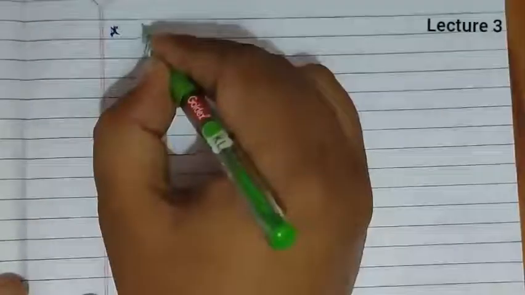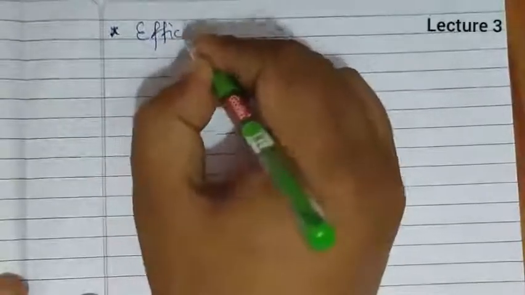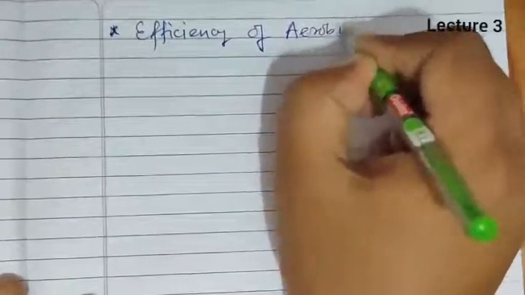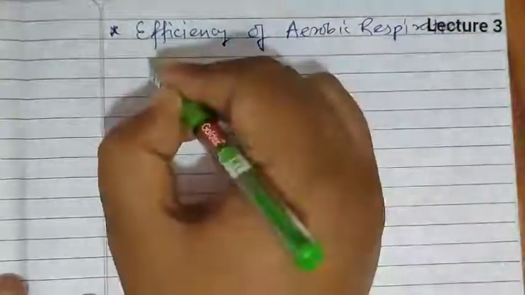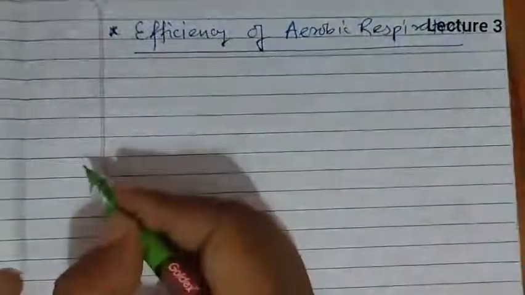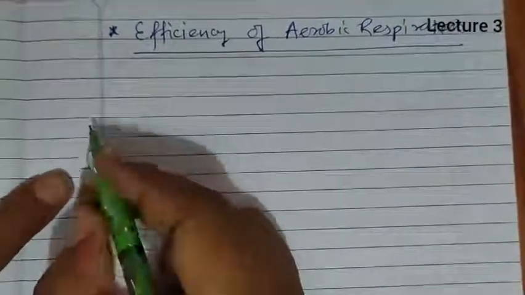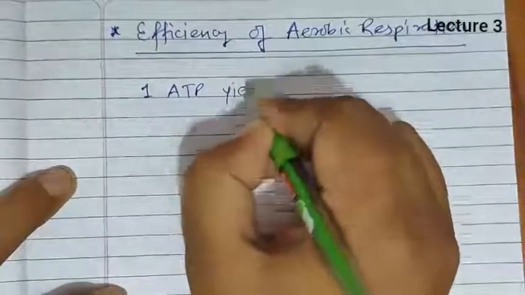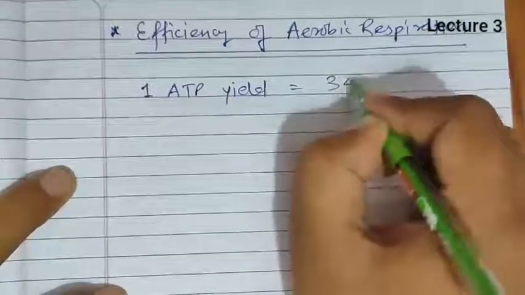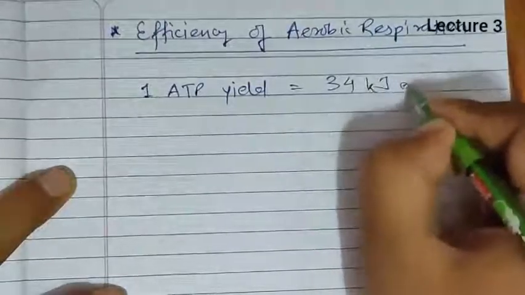Next we discuss the efficiency of aerobic respiration. When we talk about efficiency of aerobic respiration, it is known that 1 ATP yields 34 kilojoule energy.